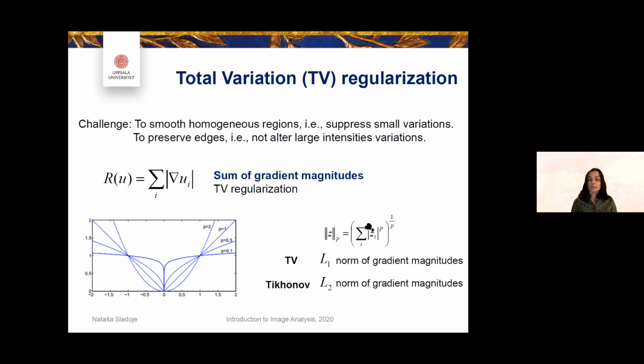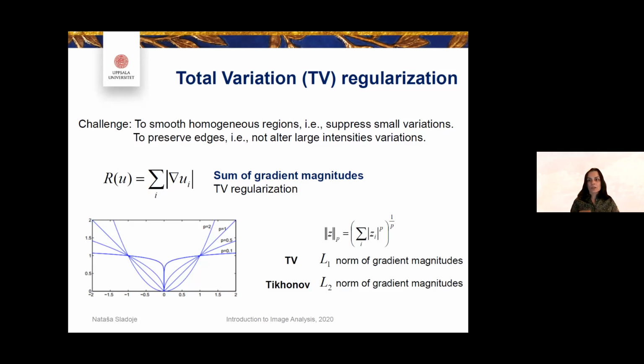So what can we do to address this challenge of setting the right balance between suppressing small variations, which should be noise, while preserving those larger intensity variations that presumably correspond to edges and details that we want to preserve, and therefore should not be smoothed out?